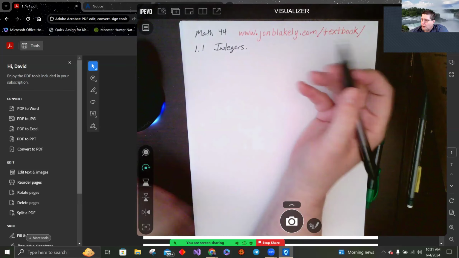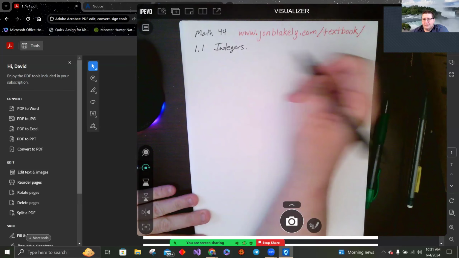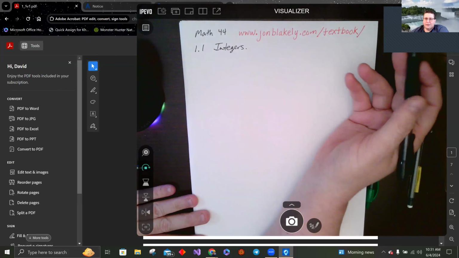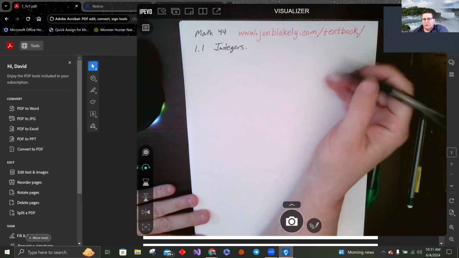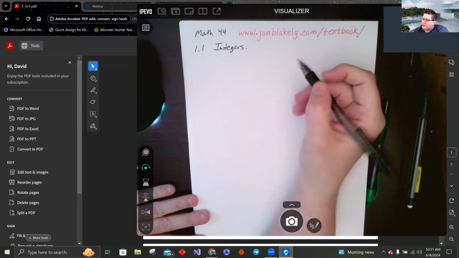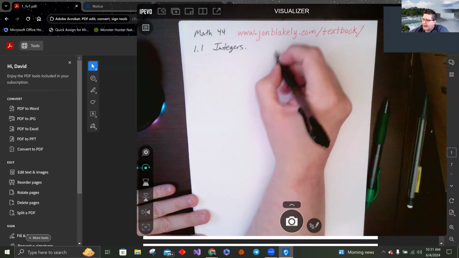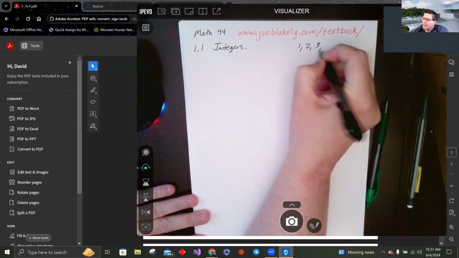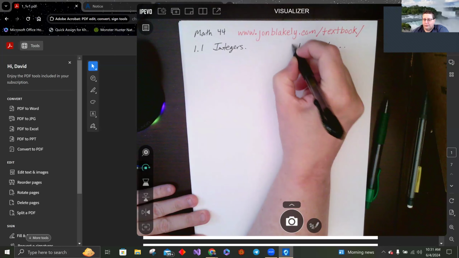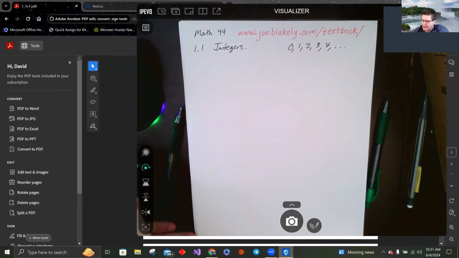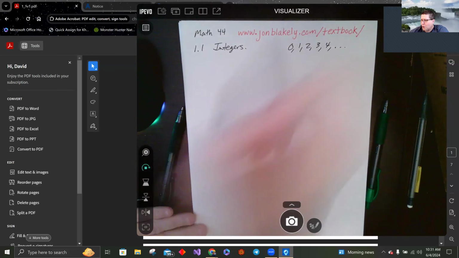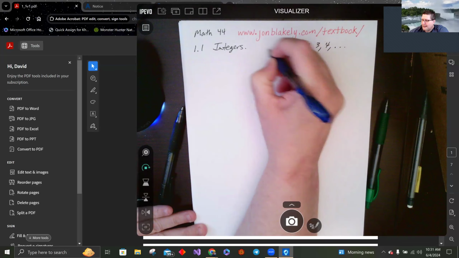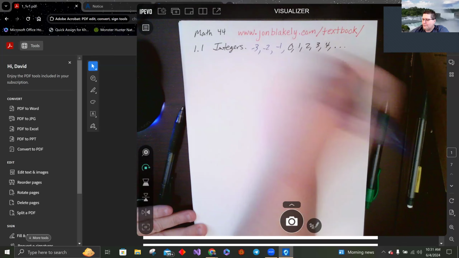Integers are whole numbers, zero, and the negative numbers. They have to be whole numbers though, no decimal places or anything like that. So we have 1, 2, 3, 4, and we keep going up. We can include 0, or we can go negative, like owing money. And they count away from 0 the same way.